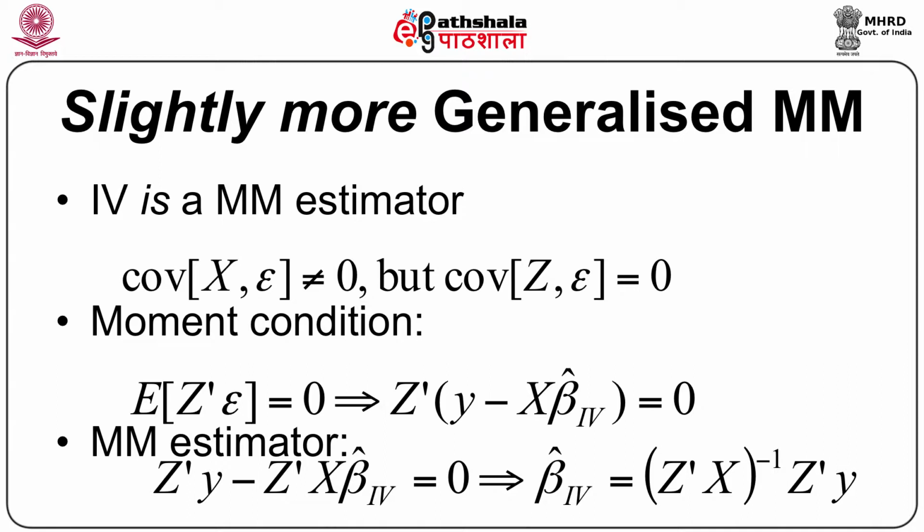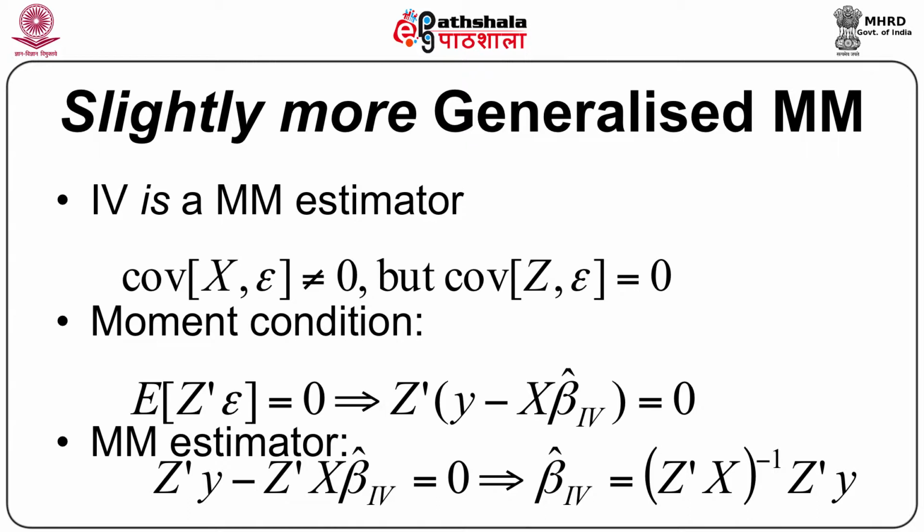In other words, the instrumental variable estimator for beta is a special case of GMM. That is, using the condition that the population cross moment is equal to 0, you can get beta hat IV equal to (Z prime x) whole inverse Z prime y.